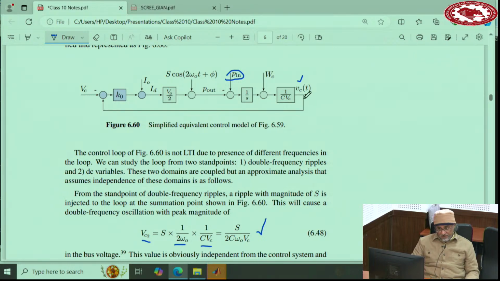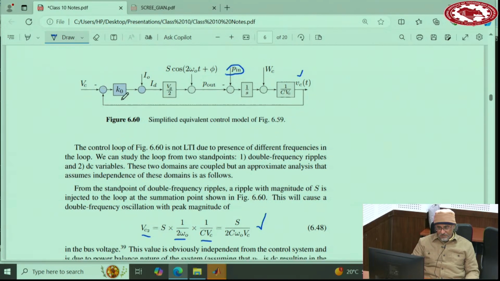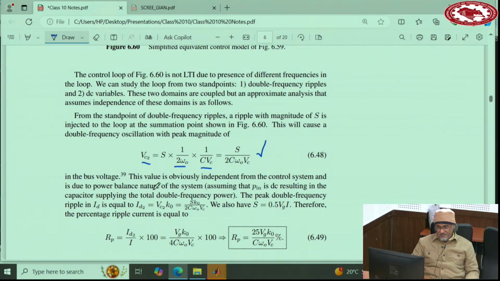However, if you look at this double frequency coming back here to ID, that multiplies into K0. So that is the double frequency ripple on ID. And ID, the D component of the current, or real component of the current, will eventually appear as a harmonic.